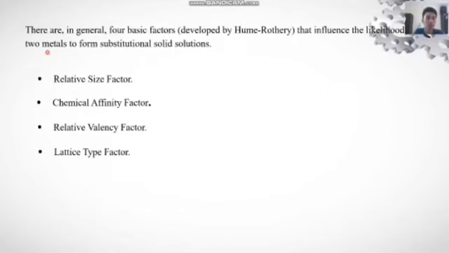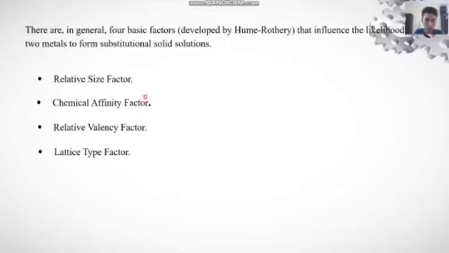There are in general four basic factors developed by Hume-Rothery that influence the likelihood of metals to form substitutional solid solutions. Number one, relative size factor.